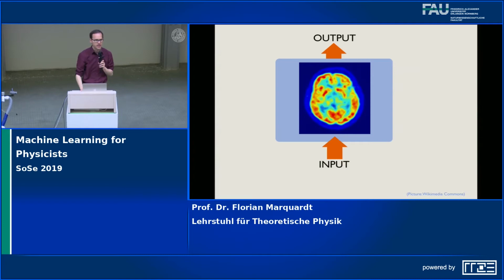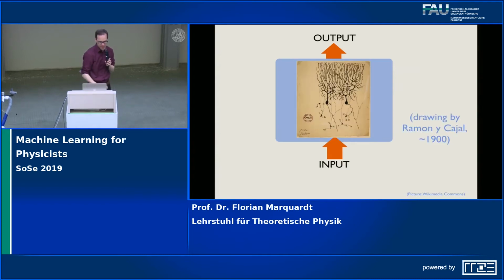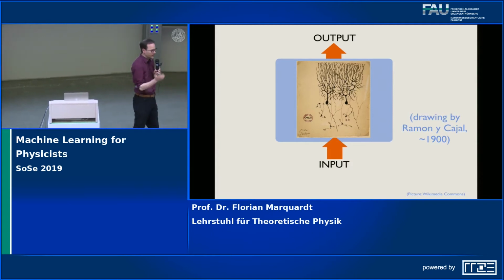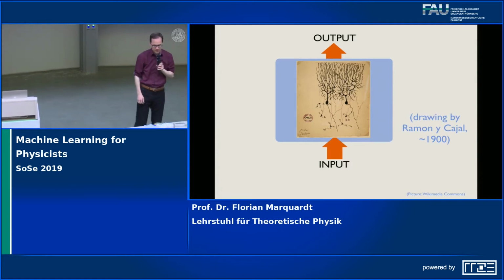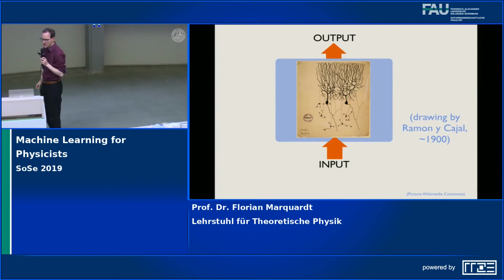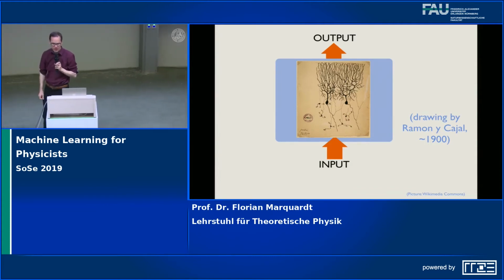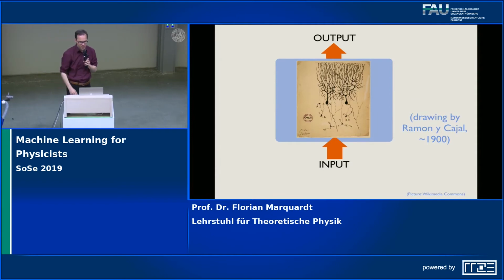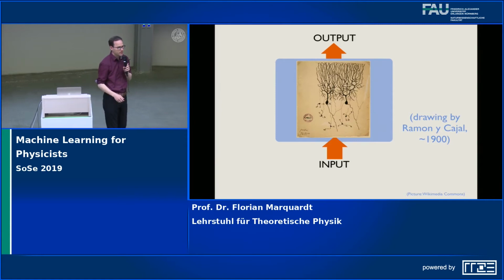Now, how does that work inside your brain? And the amazing thing is that it works by electricity, by electrical signals. And this was realized already hundreds of years ago, but the microscopic details started to be understood about 100 years ago. And here's an actual drawing by Ramon y Cajal from Spain.